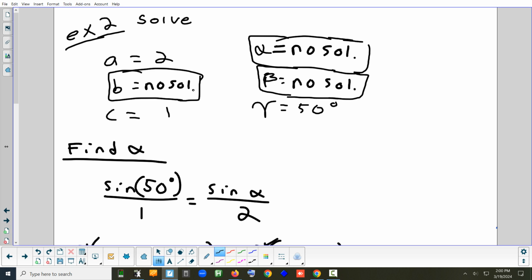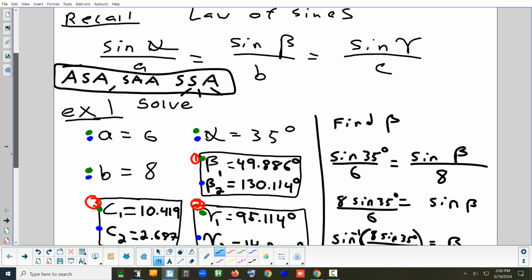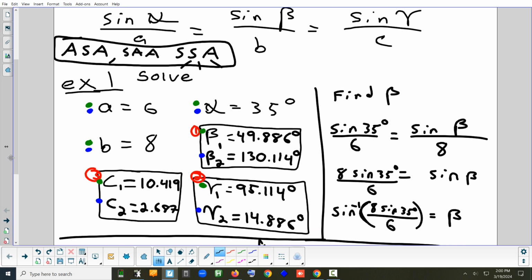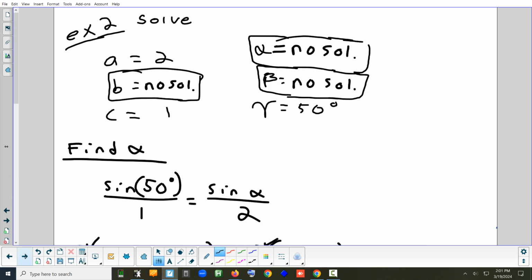So you might see a question on the test with a side-side-angle that says to solve it, and I ask you how many triangles can be formed. This was an example of 2 triangles could be formed, 2 solutions. This is an example of no triangles can be formed. There is no solution.